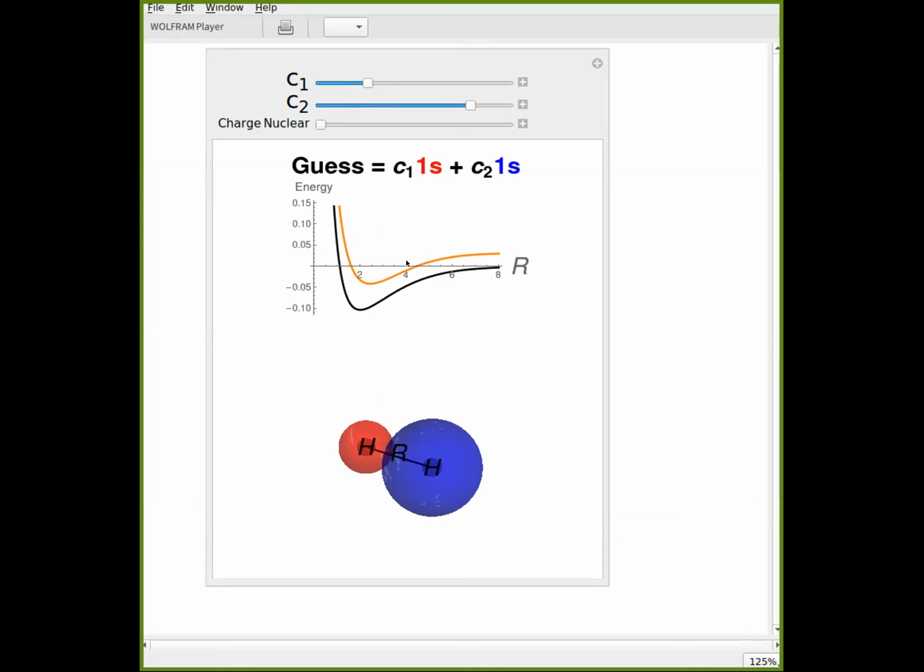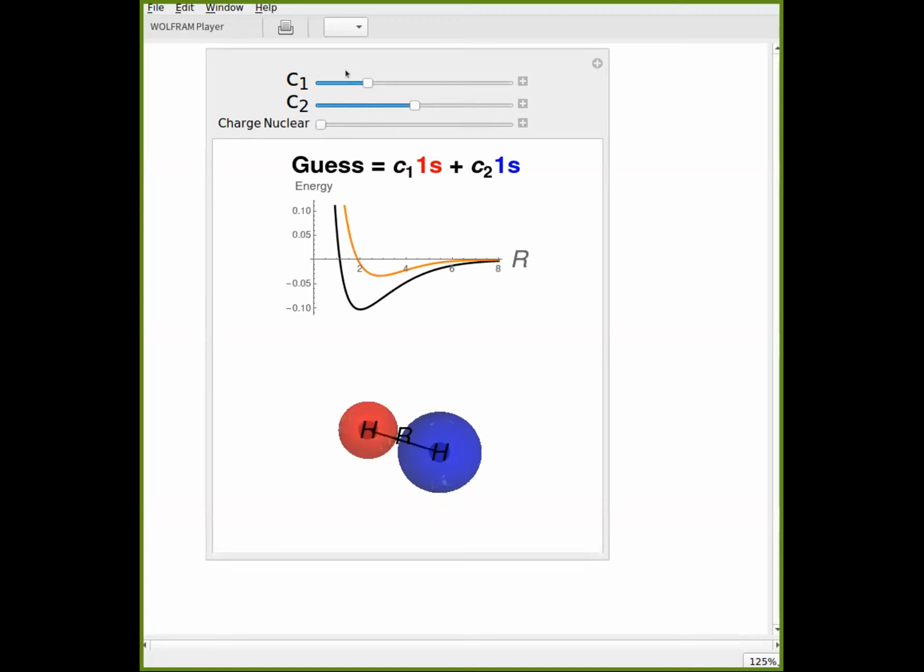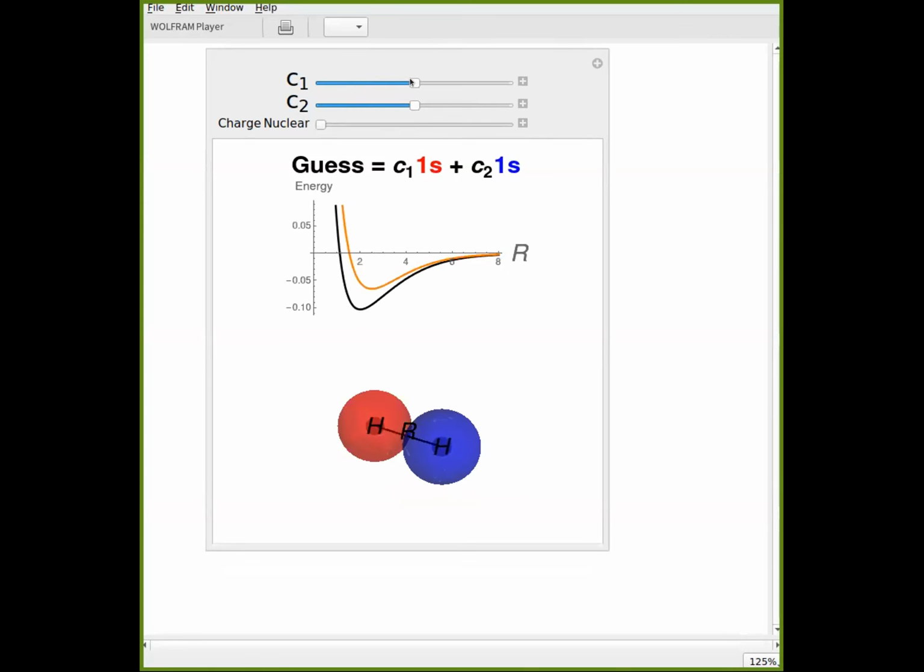Specifically, this orange line that we're dealing with here is representing the energy as a function of bond distance between these two hydrogen atoms. And by making these coefficients larger, notice that the size of the orbitals that are being depicted here, representing the 1s orbitals, are increasing.